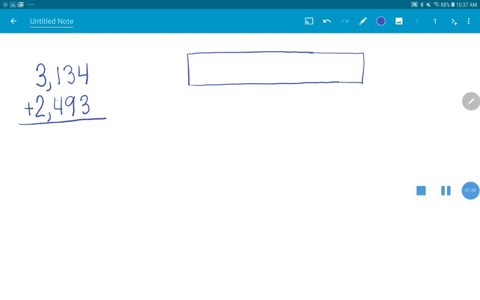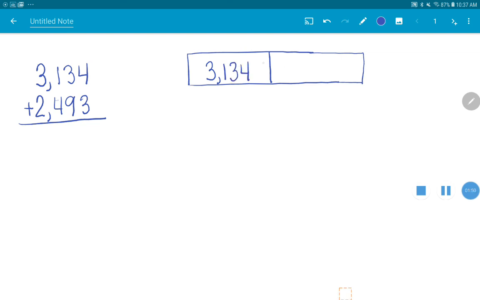I have two parts. What are the two parts that make up the whole in this problem? 3,134 is one of the parts.